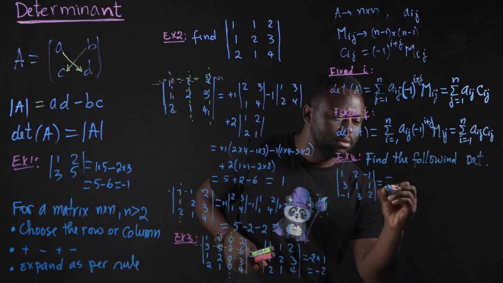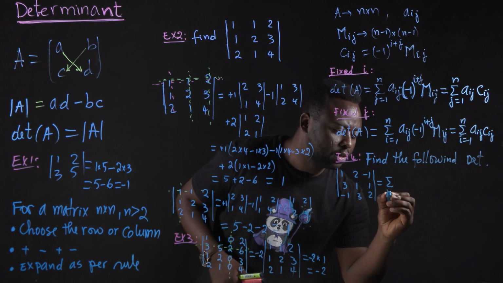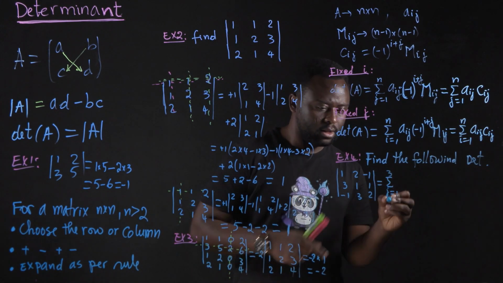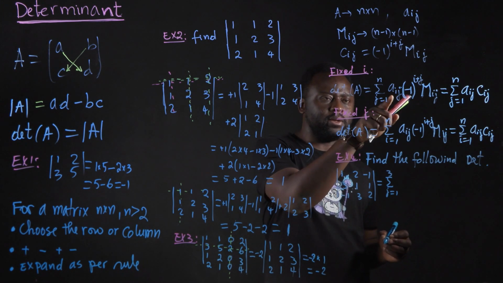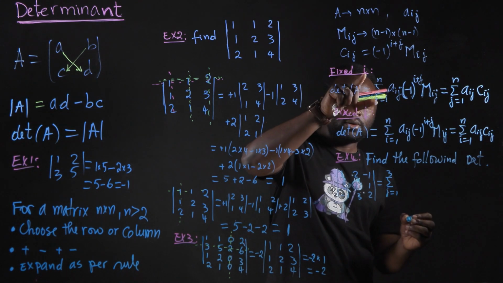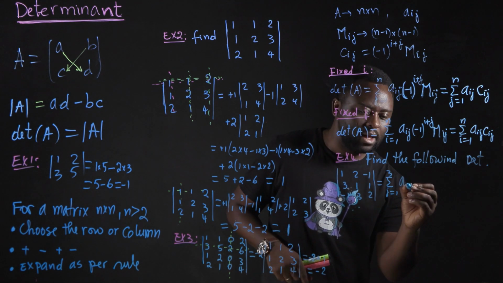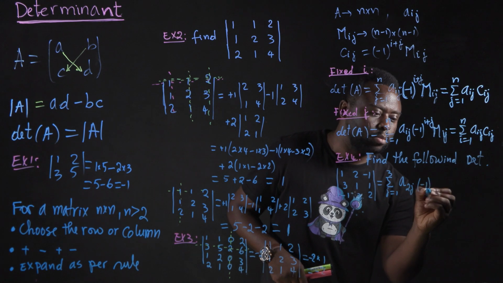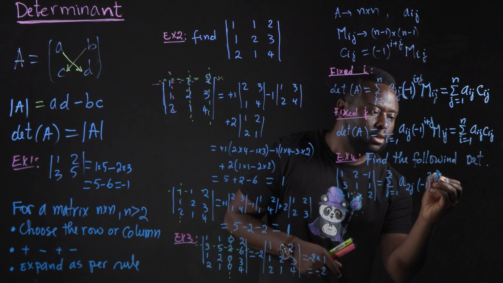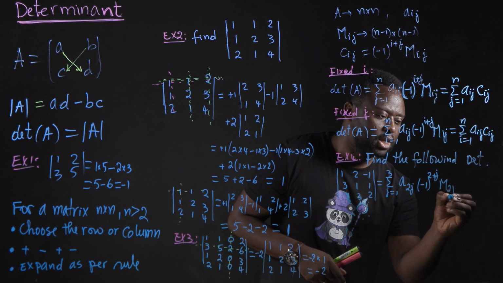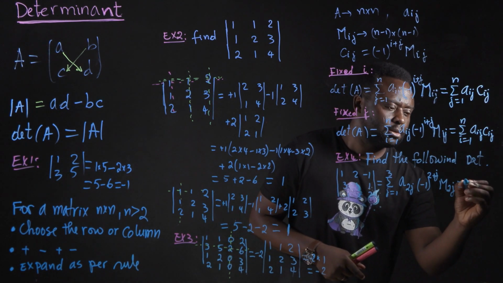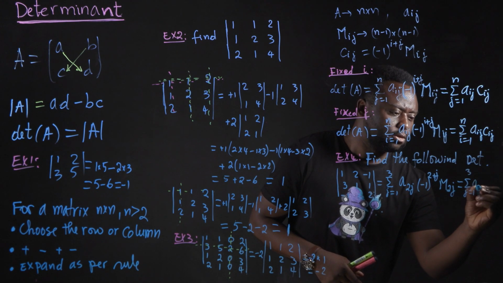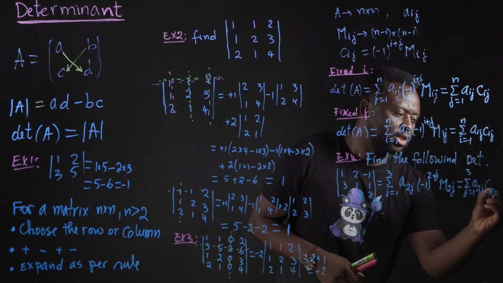This is the sum of j from 1 to 3. If we apply this formula, i is equal to 2 in our case, so the entries are A2j times minus 1 to the power 2 plus j, times M2j. You can still write it as the sum of j from 1 to 3 of A2j C2j.